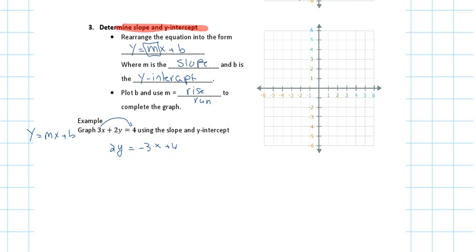What's happening with the 2 and the y? What kind of operation is going on there? Multiplication. To get rid of that multiplication here, what do I have to do? I have to divide. So to get rid of that 2, I have to divide every term by 2. Yes? Okay? Because I want to get rid of that 2.